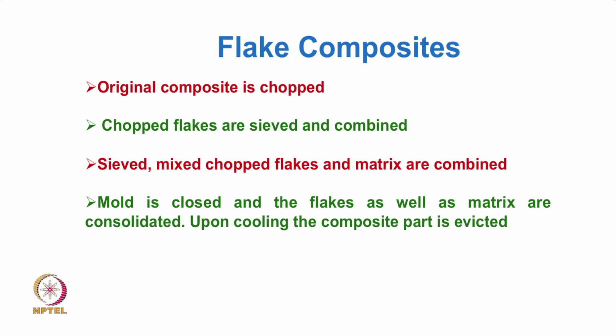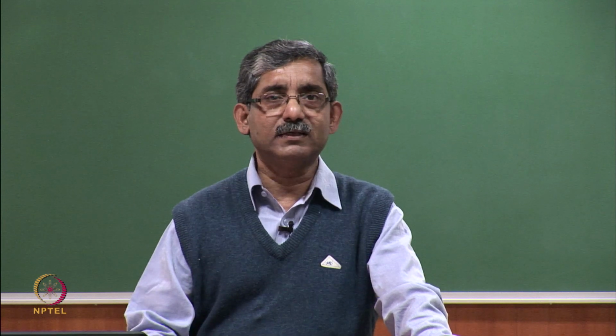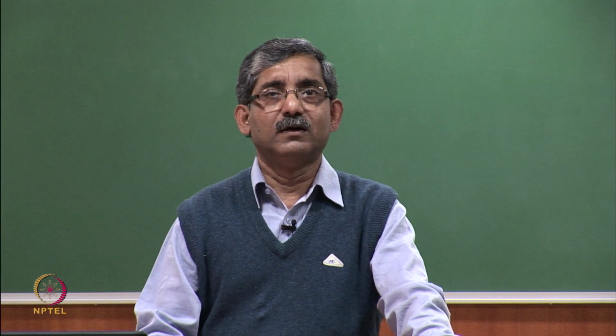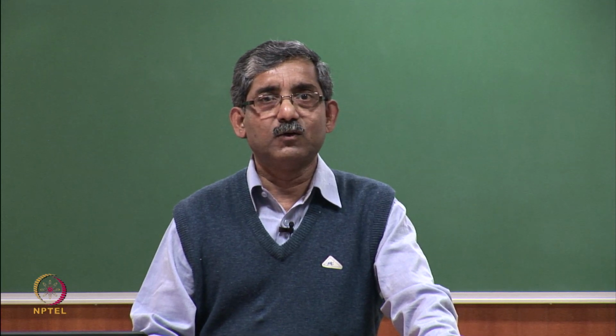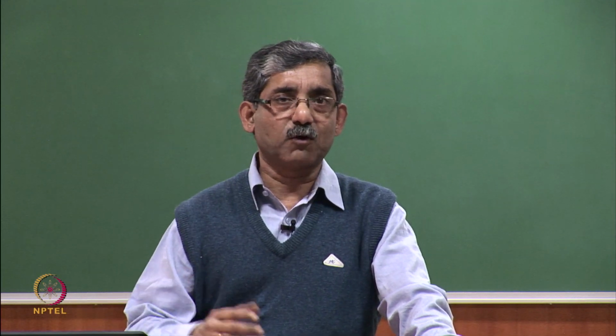So, we use sieving to segregate different sizes depending on the size requirement, then we take the particular size and mix it at different proportions to have specific strength properties.